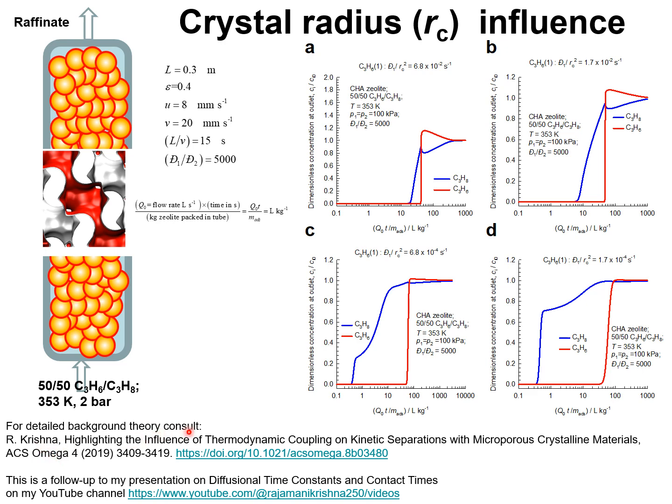For theoretical background, consult my paper published in ACS Omega 2019. The material I'm going to present today is a follow-up to my presentation titled Diffusional Time Constants and Contact Times, that is available for viewing on my YouTube channel.